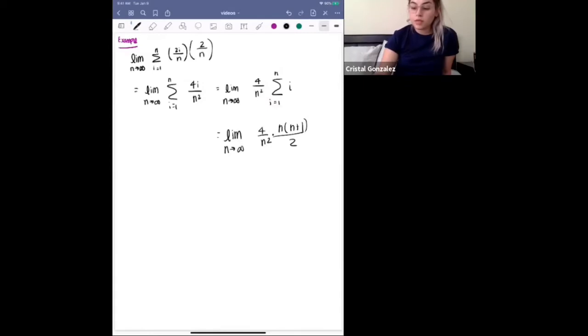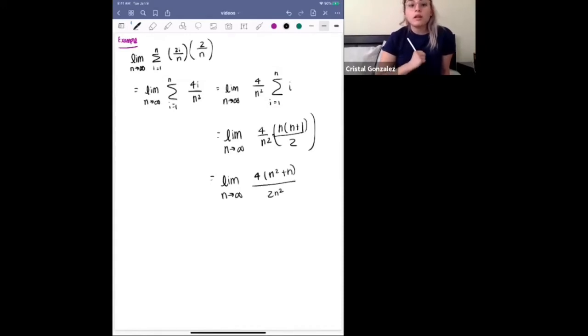We're multiplying them, and so now if we simplify this a little bit more, we'll get the limit as n approaches infinity. Notation is super important. 4 times n squared plus n, all over 2n squared. Now we can evaluate this limit as we go to infinity. Here we'll get infinity over infinity, but you can apply L'Hopital's rule.